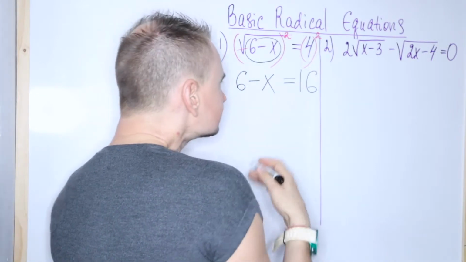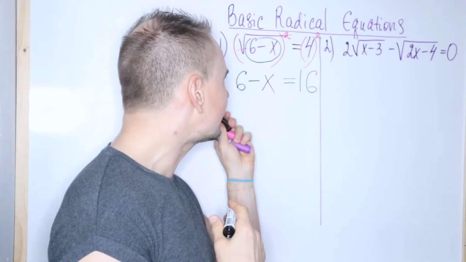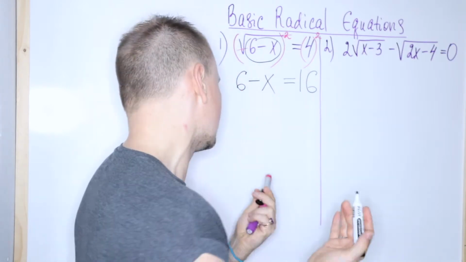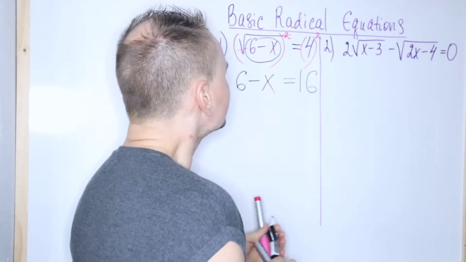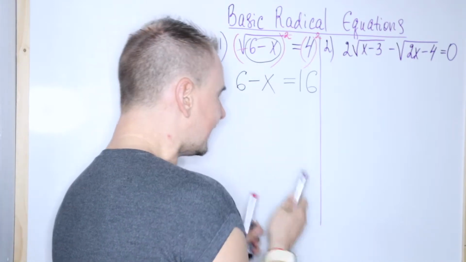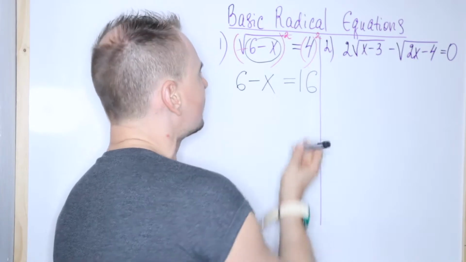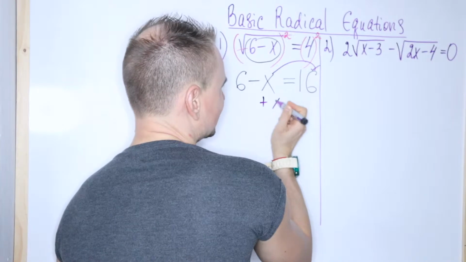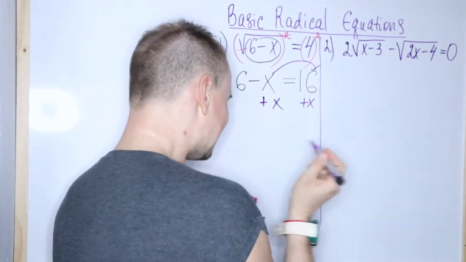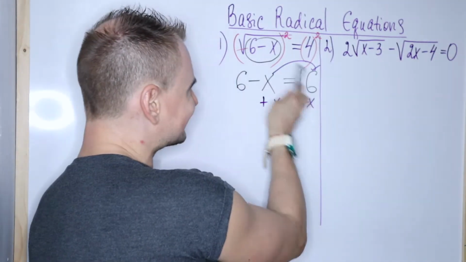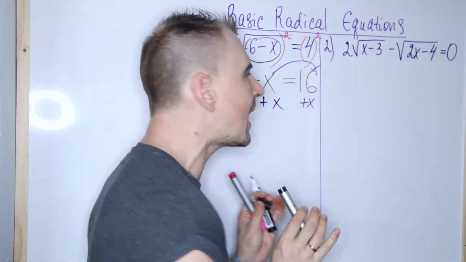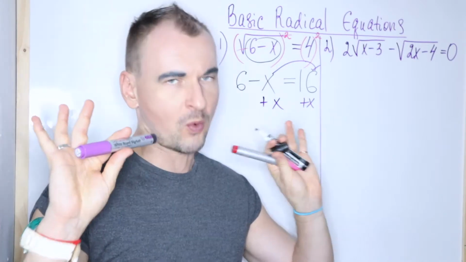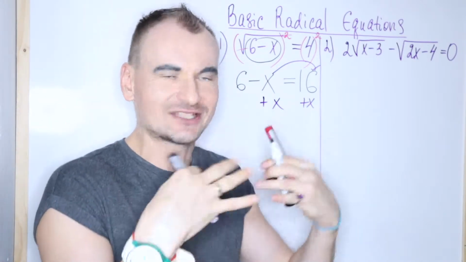And now we end up with something like a basic linear equation in terms of x, and you typically solve it. So in this case, in order to avoid negative, I'm going to move this negative x to the right side by just adding x to both sides. And simultaneously, I'm going to move this 16 to the left side. So remember, I want to get my x on one side and the numbers, all constants, on the other side to isolate my x.